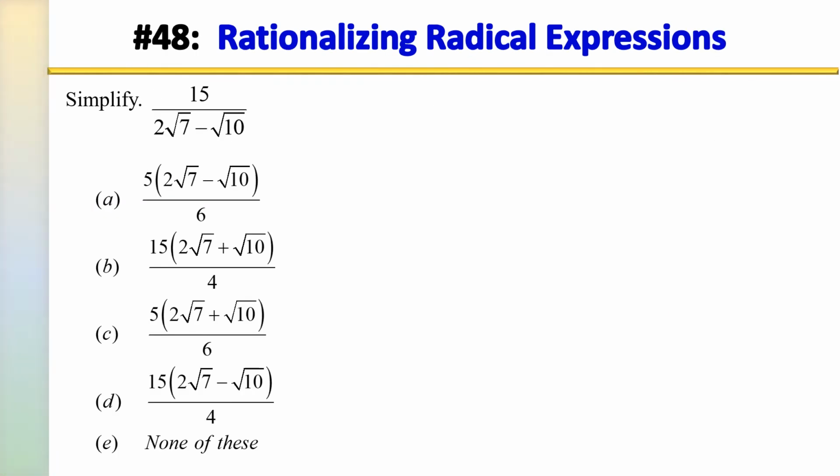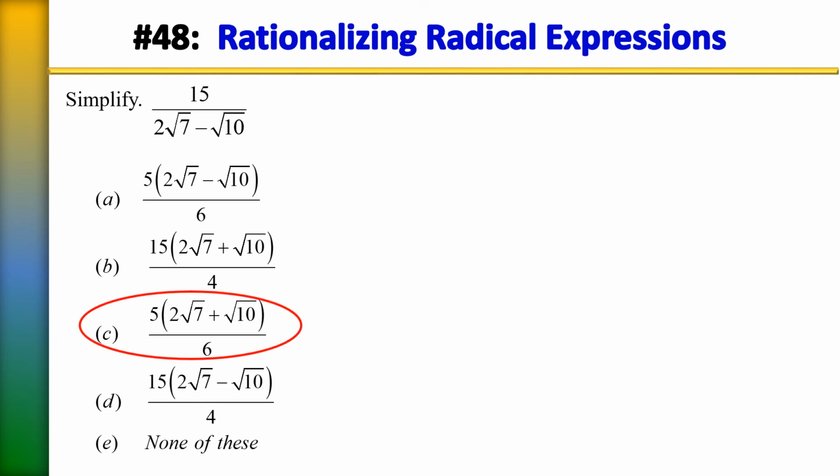Number 48, simplify. So what is the correct answer? Choice C. So notice here on this expression we have radicals in the denominator. And recall, you can't have radicals in the denominator, so to remove those radicals, you would have to do a process which is called rationalization, meaning to multiply that expression with the conjugate of the denominator.